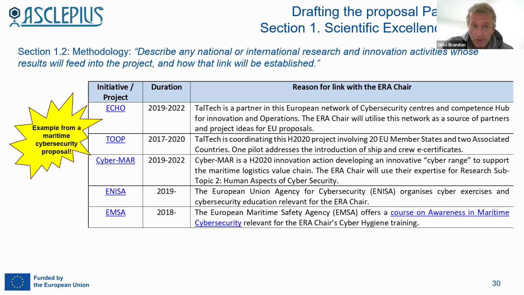Also in section 1.2 methodology, the standard application form says: describe any national or international research and innovation activities whose results will feed into the project and how that link will be established. Now look, this table that you see here was from a proposal I did called Mari Sabira.